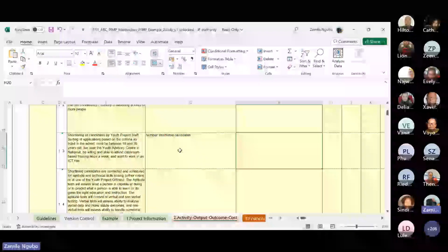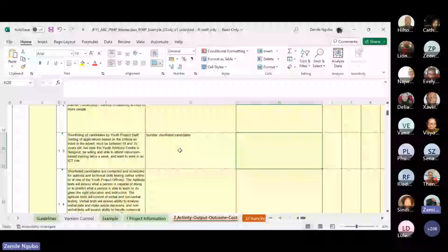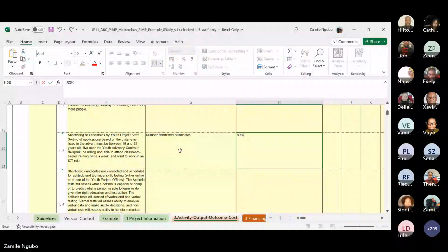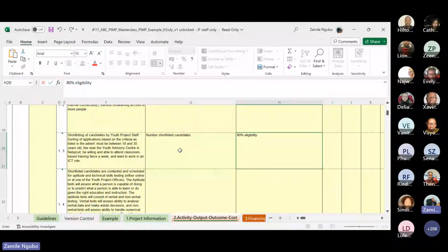under the assumption that at least 80% will be eligible. So we are assuming an 80% eligibility rate. This is now based on the previous campaigns. So this 80% is based on our experience.